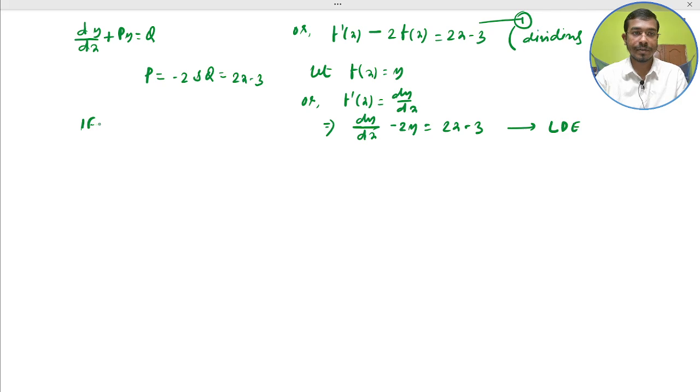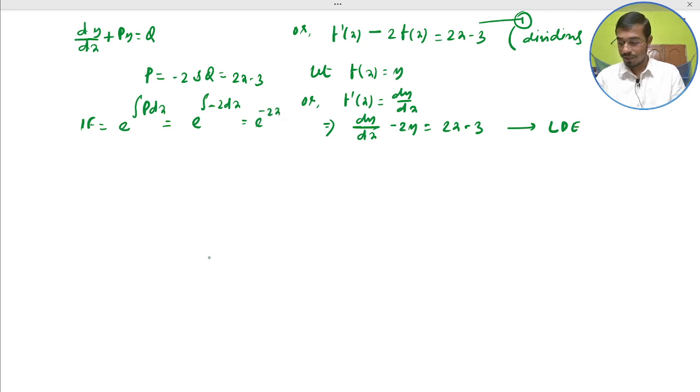So the integrating factor is e to the power integral of p dx, so integral of minus 2 dx gives e to the power minus 2x. This is the integrating factor. The solution is y times the integrating factor equals the integral of q times the integrating factor, (2x minus 3) e to the power minus 2x dx, plus c.